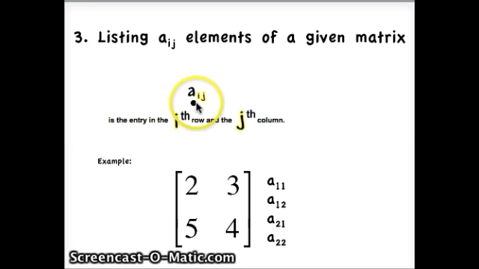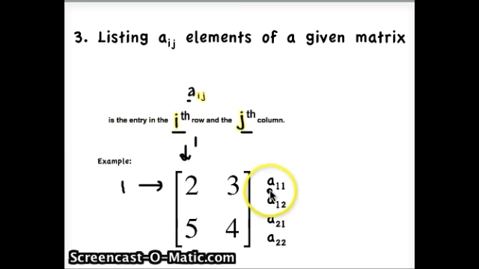Okay, so listing the Aij elements of a given matrix. Aij just refers to the entry or element in the ith row and the jth column, okay? So stick with me here. If we have this matrix, this is the first row and this is the first column.